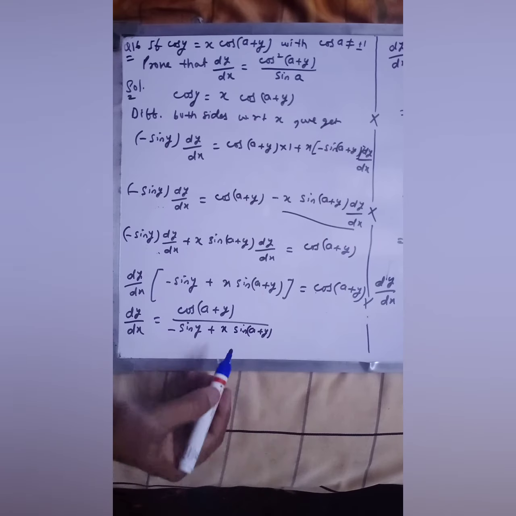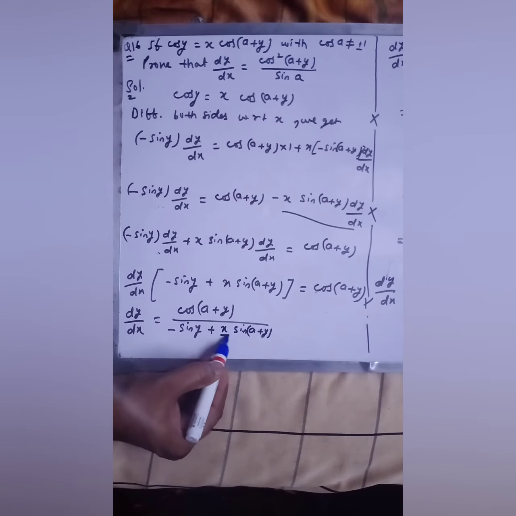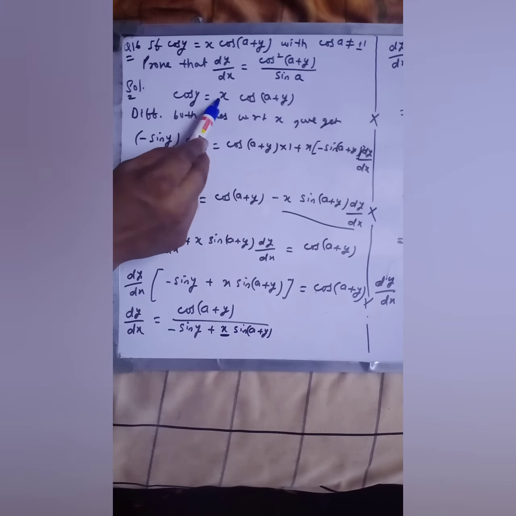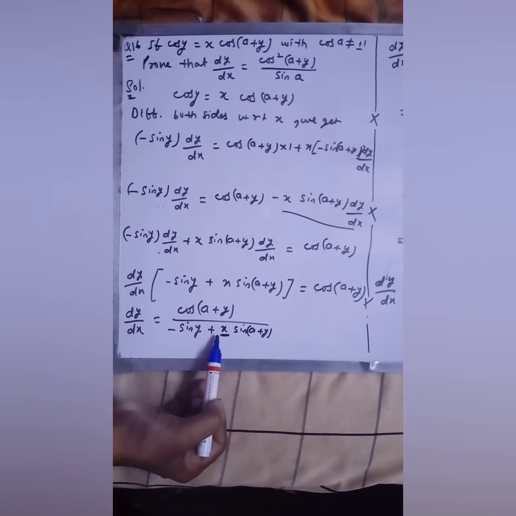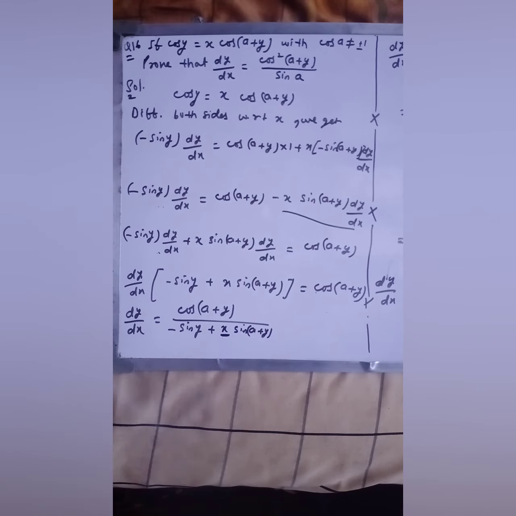In the next step you have to replace this x, you have to get the value of x from this equation. x will be cos y over cos(a plus y), so you have to put the value of x. Fine, I have done it.